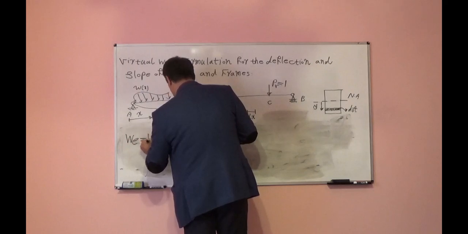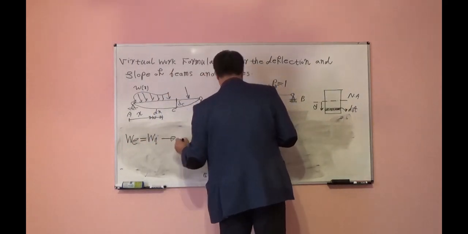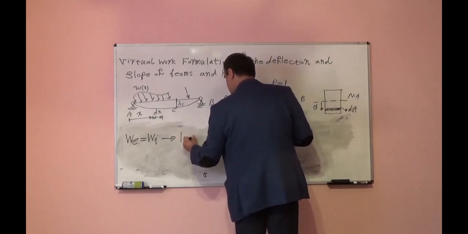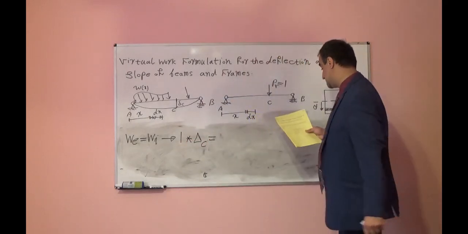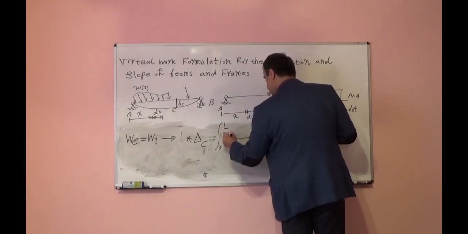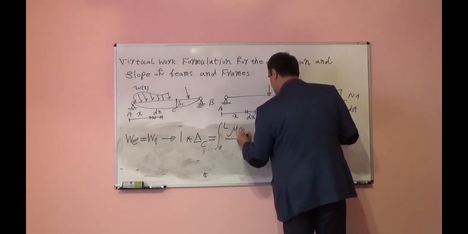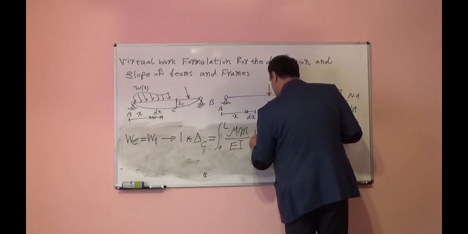External work is equal to internal work. From here, I can write 1 times delta C, this is external work, is equal to internal work, the integral from 0 to L of capital M, lowercase m, over E I, dx.